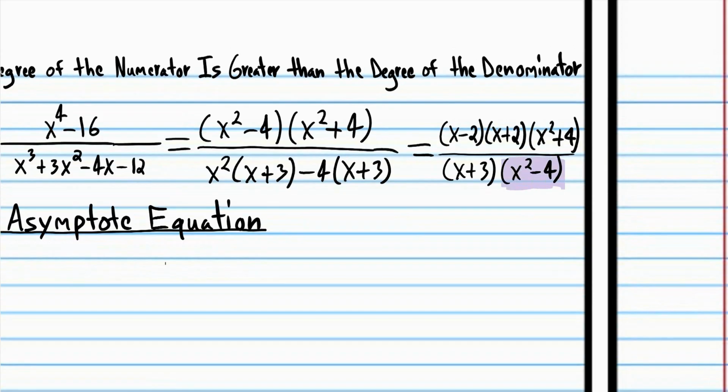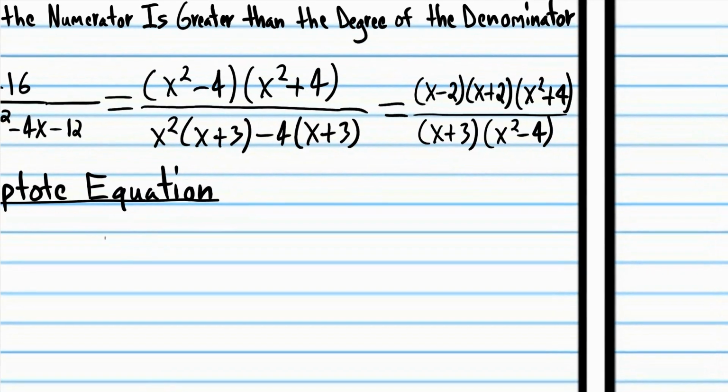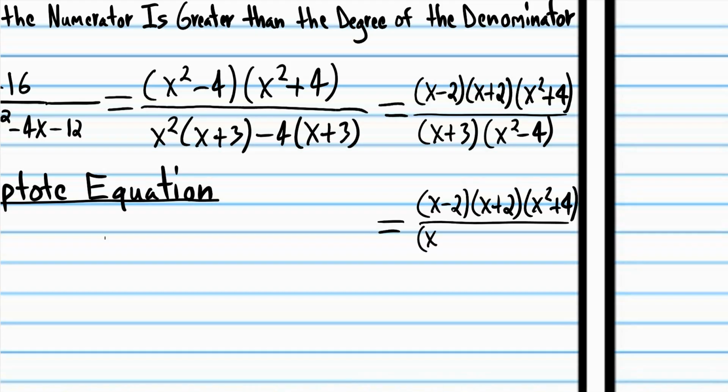But this purple factor in the denominator is the same factor we had in the numerator. But just so we can see where the holes occur, I'm going to do one more step here. So I'm going to factor the difference of two squares in the denominator.